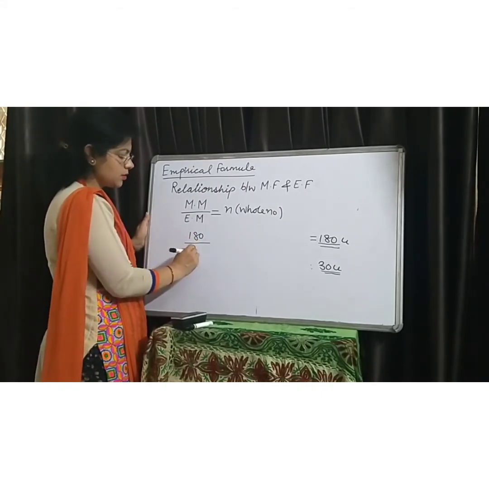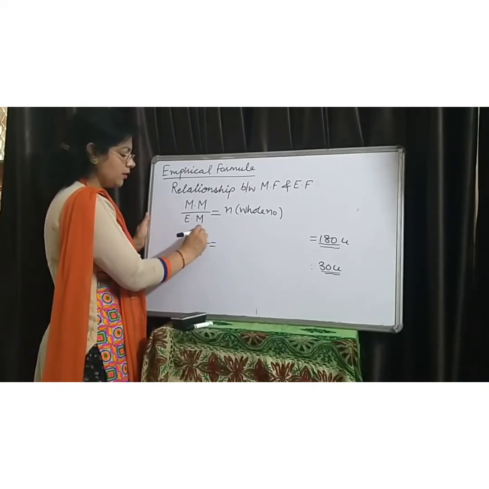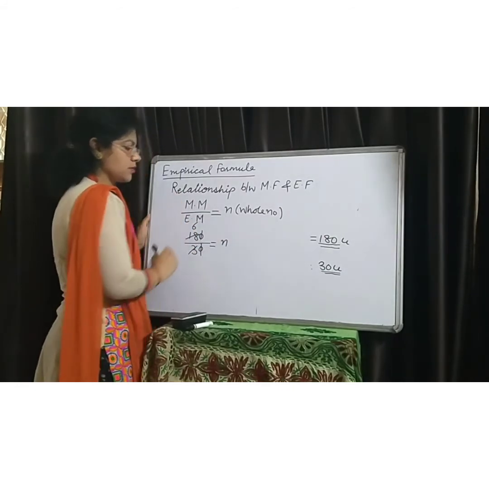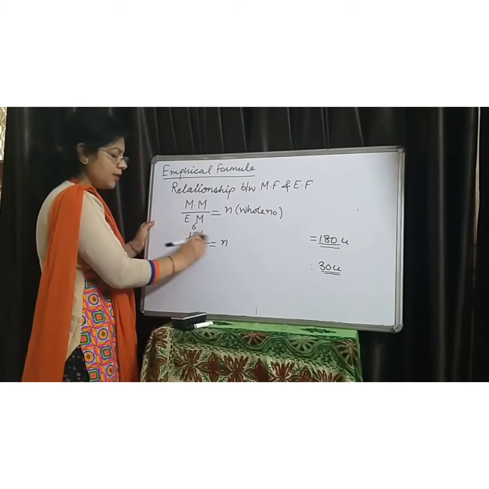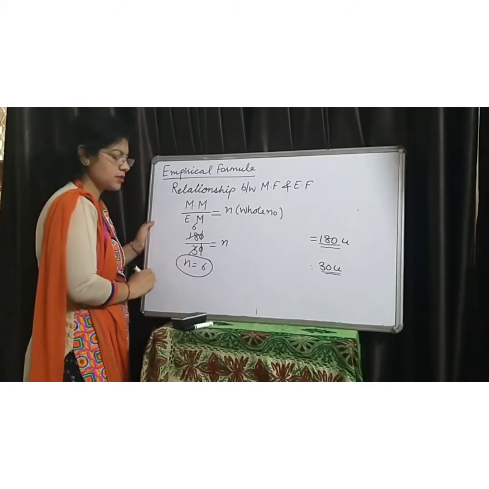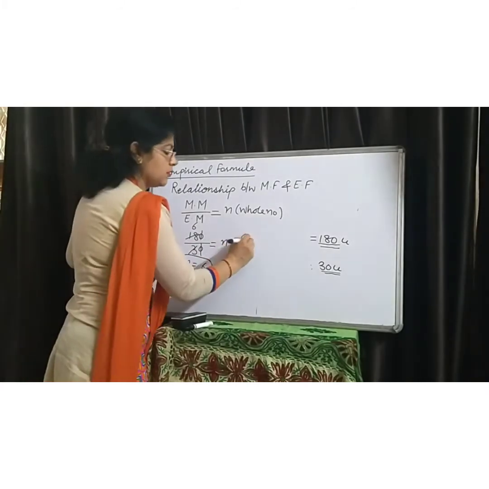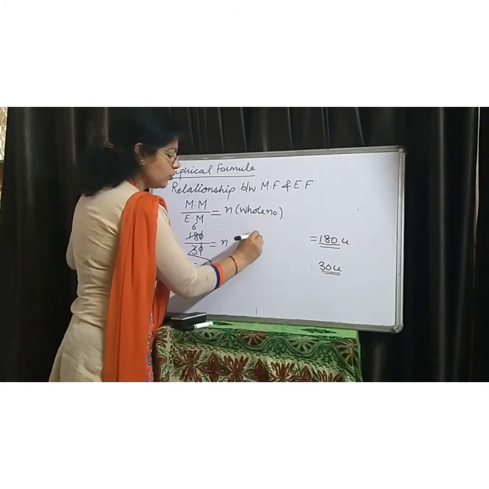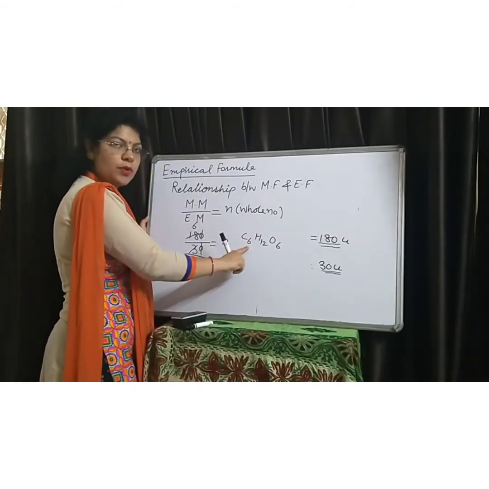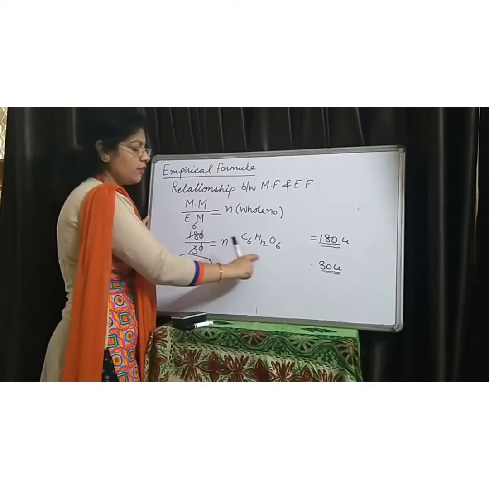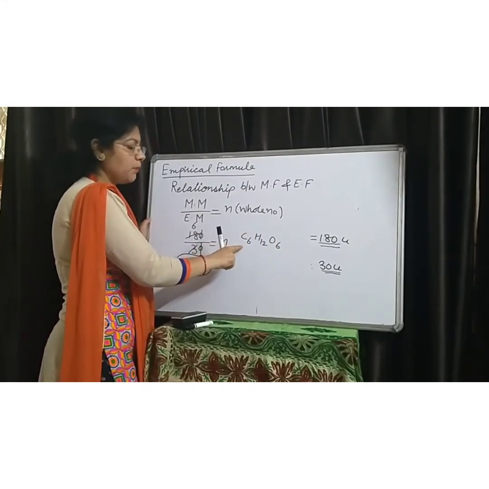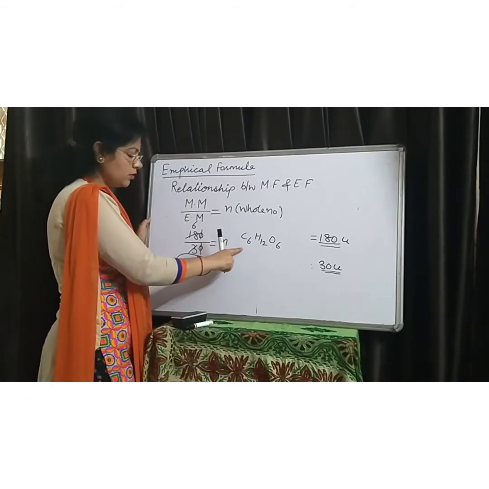Empirical mass is 30. When we divide these two masses, it comes out to be 6. Here n is the simplest ratio. N is 6. It means in the formula of glucose, 6 is the common factor which we have to divide by to get the empirical formula of the compound.